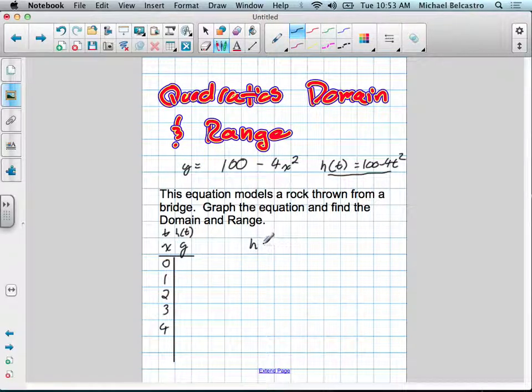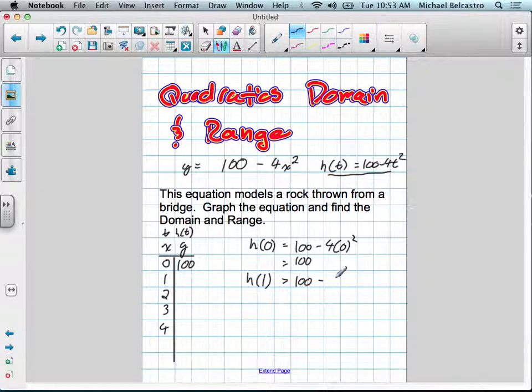So height when time is 0 is equal to 100 minus 4 times 0 squared, which is going to give us what for height? 100. So this rock starts, we'll say 100 meters or feet above the ground. The next thing we solve using our function notation is the height after 1 second has passed since we've thrown this rock.